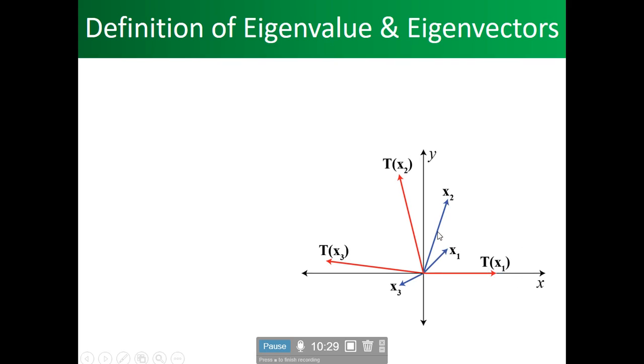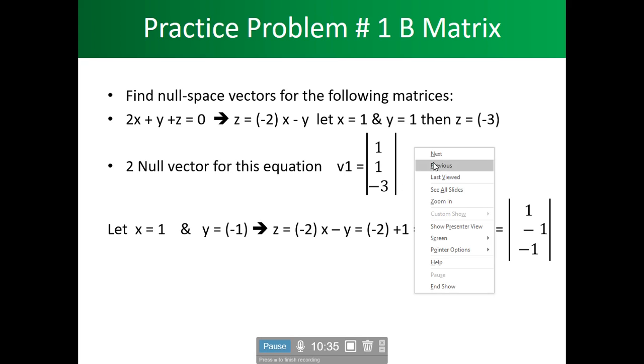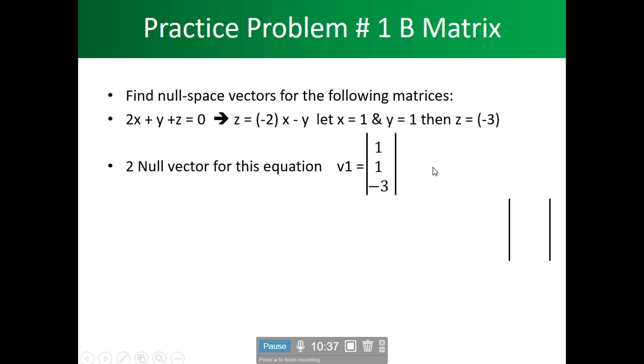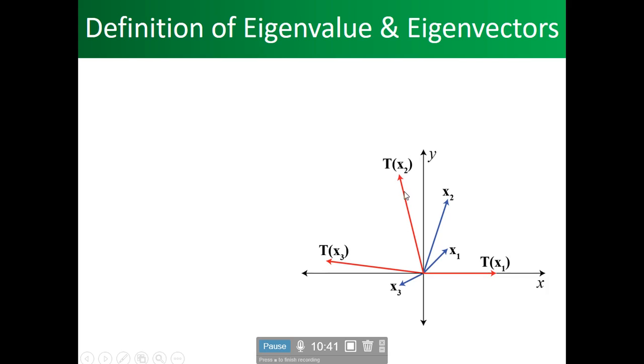And we have x2, and we have x3, and each one of them, if you notice, you have an angle here for each of these.